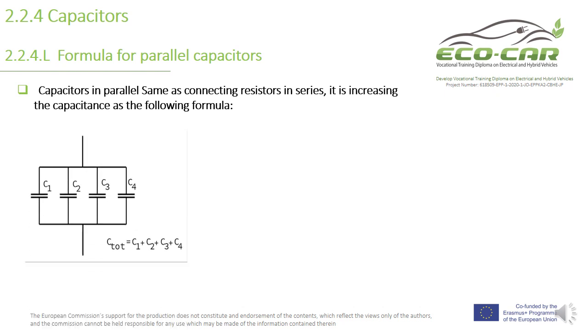We have four capacitors in parallel. So the equivalent capacitor, or C total, equals the sum of these capacitors: C1, C2, C3, C4.